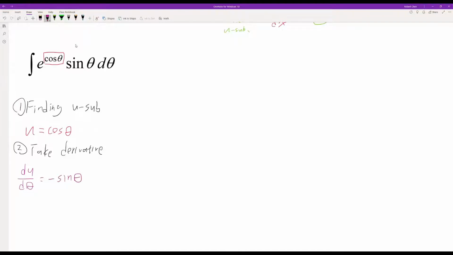Now let's check. Do we have a sine in our integrand? Yes, it's right here. All we're missing is a -1, right? To get from sine to negative sine, all we need is a factor of -1, which is fine, right? It's a constant multiplier, so we can use u sub.